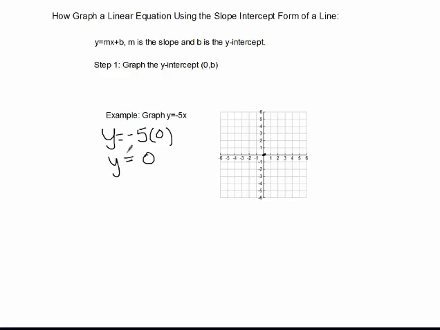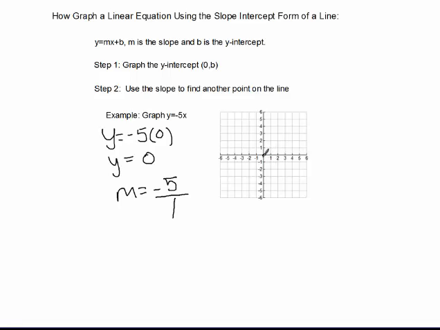Now the second step: we use the slope to find another point on the line. The slope here is negative 5, and since we're going to use it to graph, it's good to know what the run is. If it's an integer or whole number, we write it over 1 so that you can see we're going to run 1.